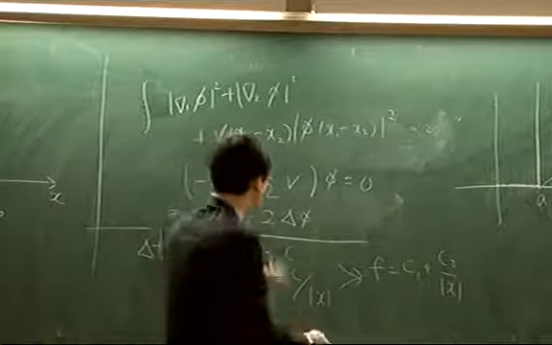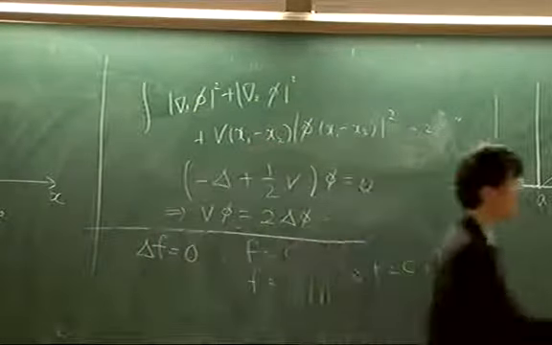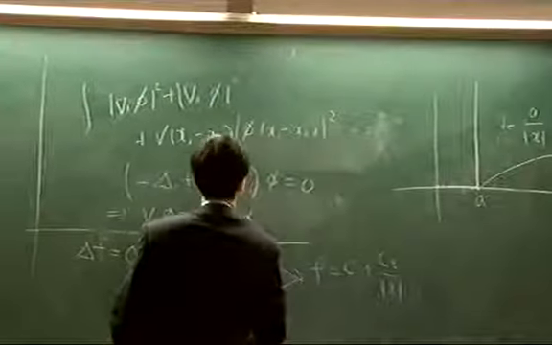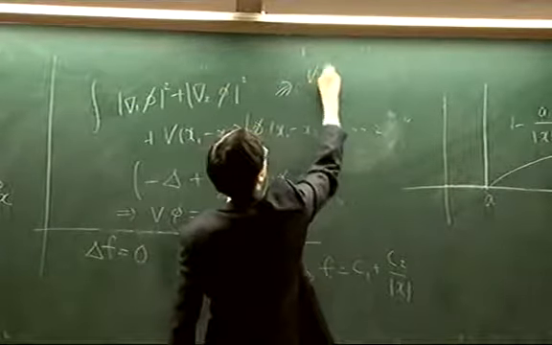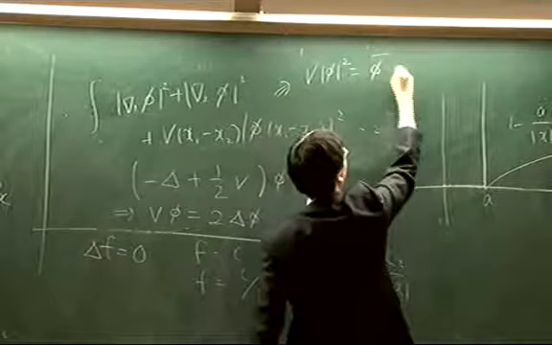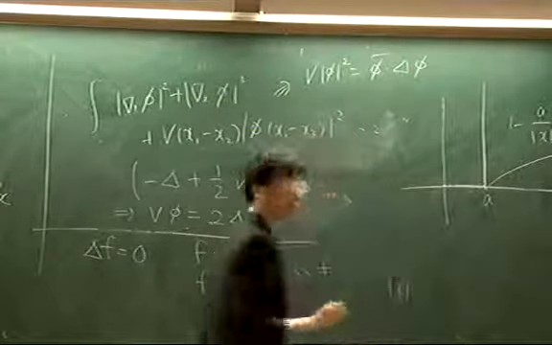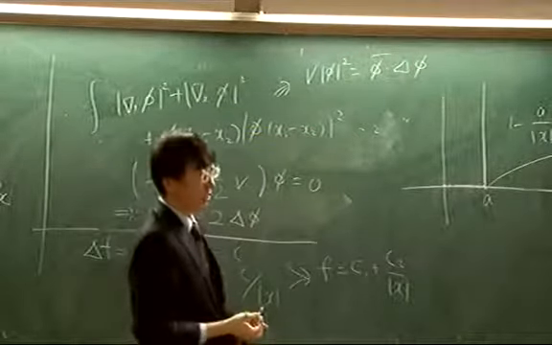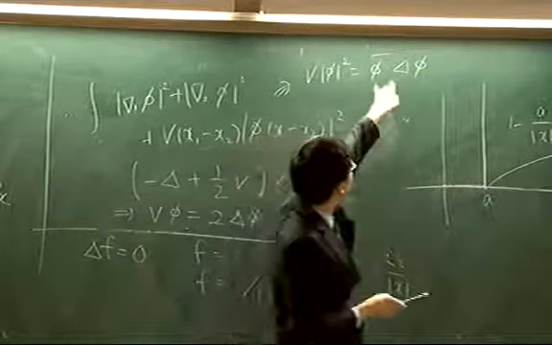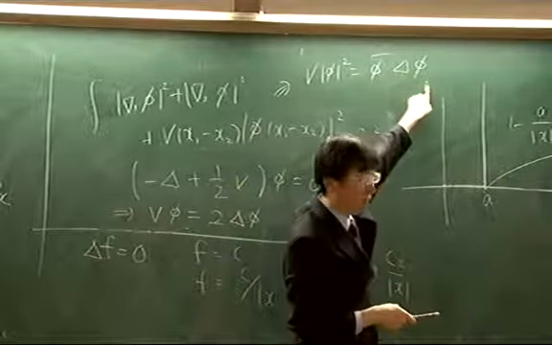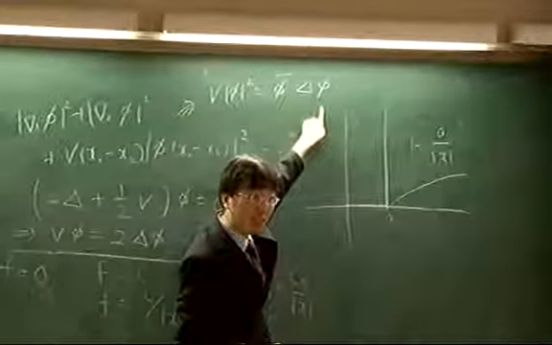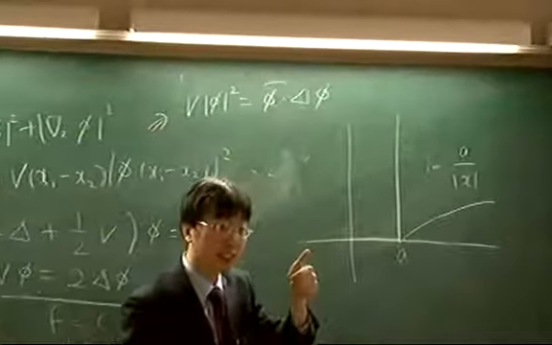What happens if you use this equation here? This V phi squared will become phi bar times Laplacian phi. If you use integration by parts, then this phi bar times Laplacian phi will generate gradient phi times gradient phi with a different sign.